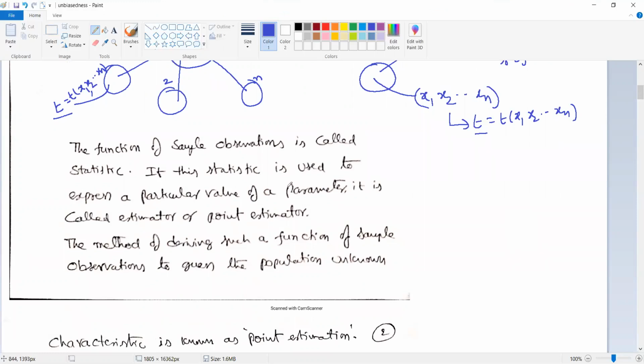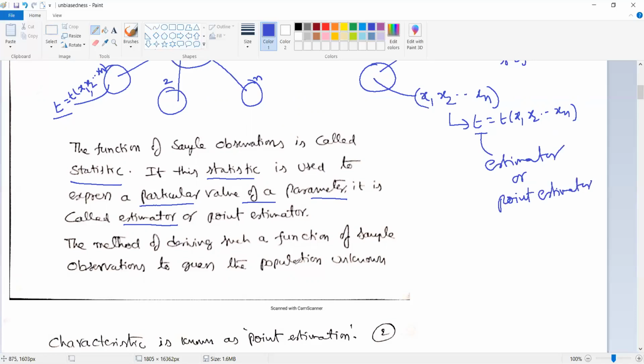A function of sample observations is called a statistic. If this statistic is used to estimate a particular value of a parameter, it is called an estimator. T is called the estimator, or point estimator.